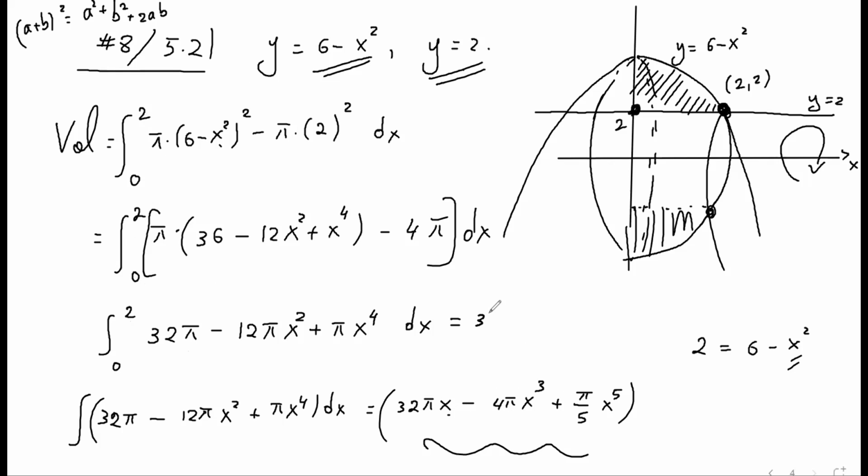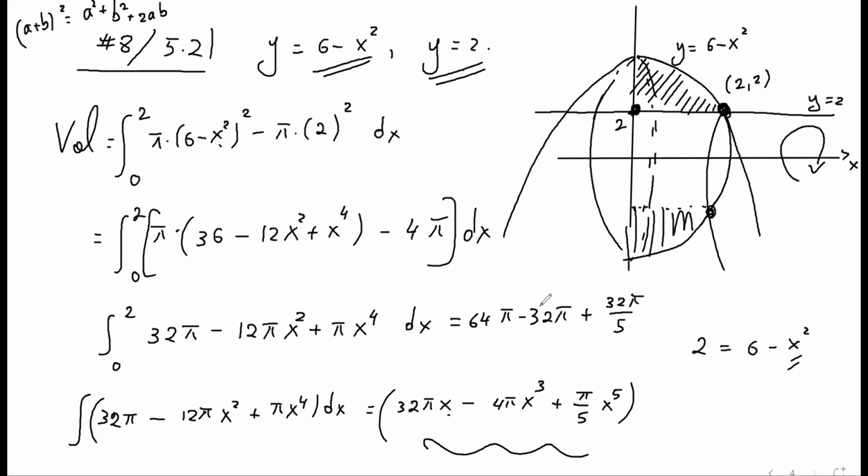So that's going to be 32 pi times 2, which is, let's say, directly 64 pi. Oops, sorry about that. So 64 pi minus 4 pi times 2 cubed, times 8, which is minus 32 pi, plus pi over 5 times 2 to the 5th, which is 32. So 32 pi over 5.